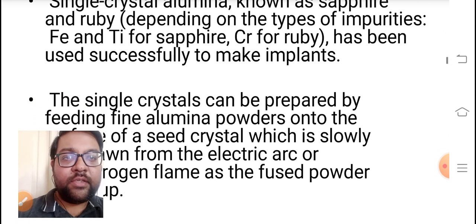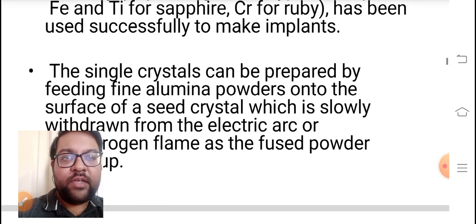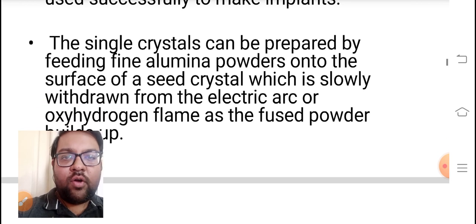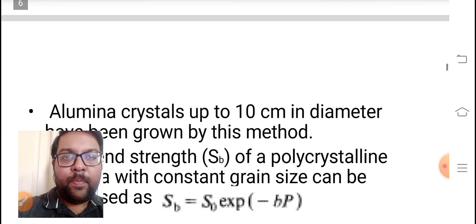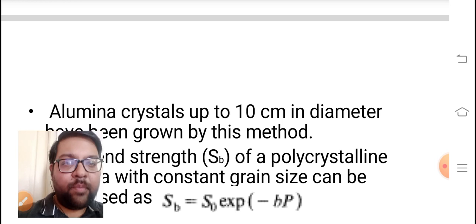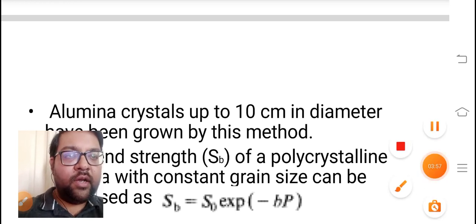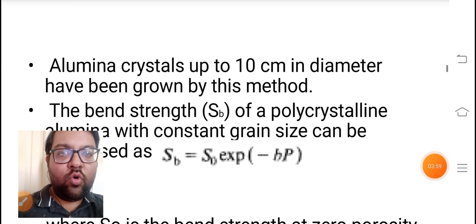The single crystals can be prepared by feeding fine alumina powders onto the surface of a seed crystal, which is slowly withdrawn from the electric arc or oxyhydrogen flame as a fused powder builds up. Alumina crystals up to 10 cm in diameter have been grown by this method.